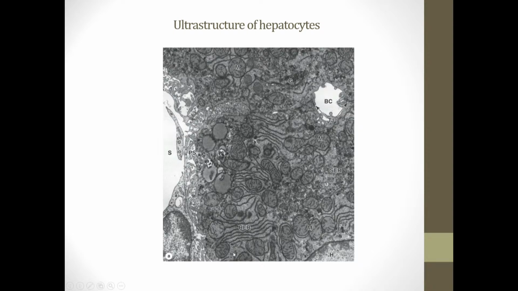Numerous mitochondria are visible here. Both types of endoplasmic reticulum are well developed. The rough endoplasmic reticulum is where protein synthesis proceeds. You can also see part of the smooth endoplasmic reticulum, where detoxification proceeds in these cells.